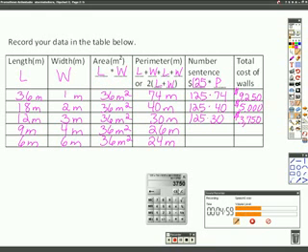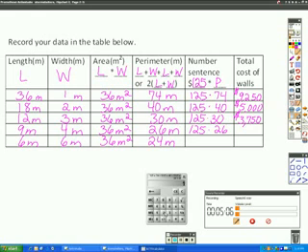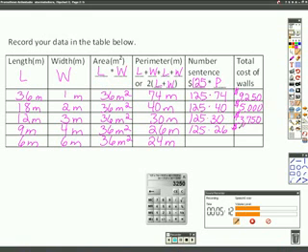Our next, 9 by 4, which has a perimeter of 26, has a total cost of $3,250.